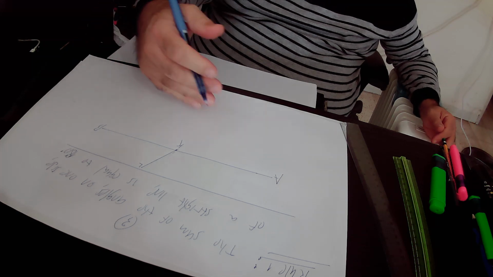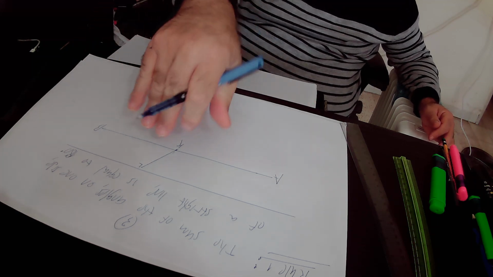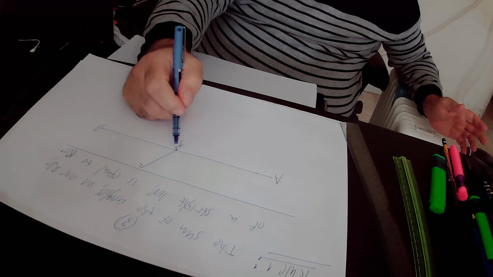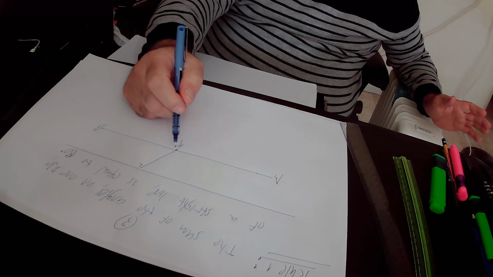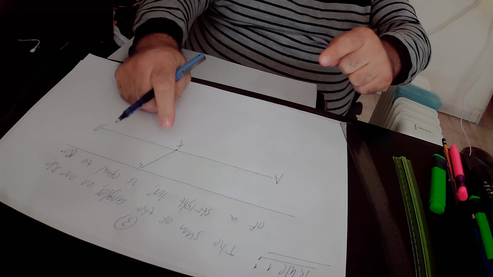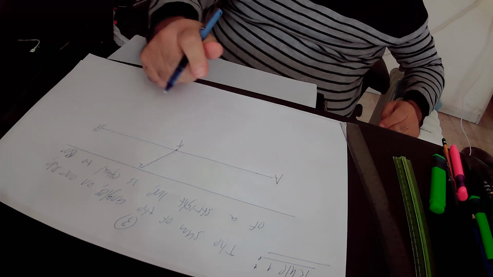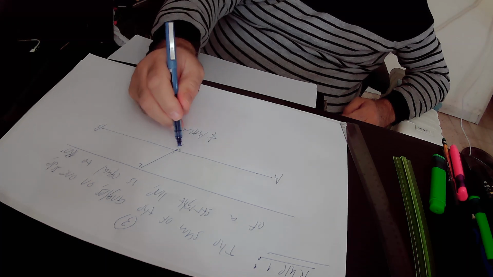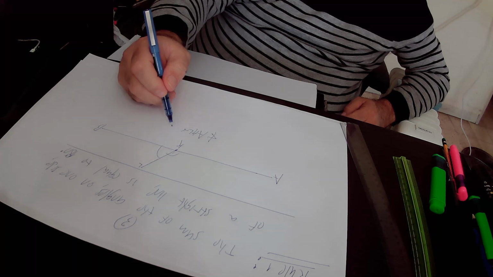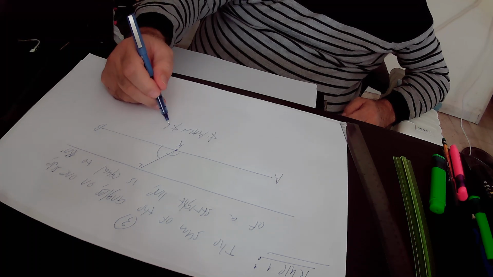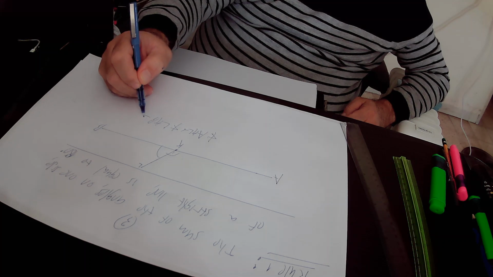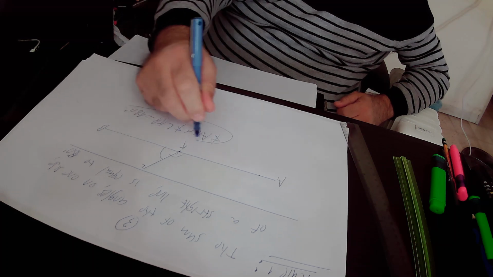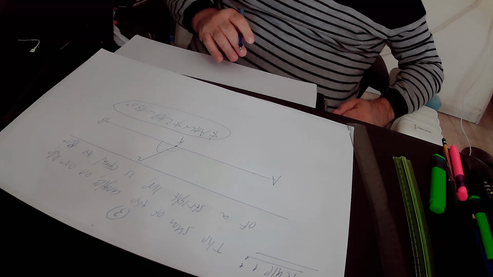If we focus on the upper side of the straight line AB, at point K, the sum of the angles must be equal to 180 degrees. Which angles do we have at the upper side of AB at point K? We have this angle, angle AKL, plus this angle, angle LKB. In total, the sum of those two angles must be equal to 180 degrees according to rule number 1.